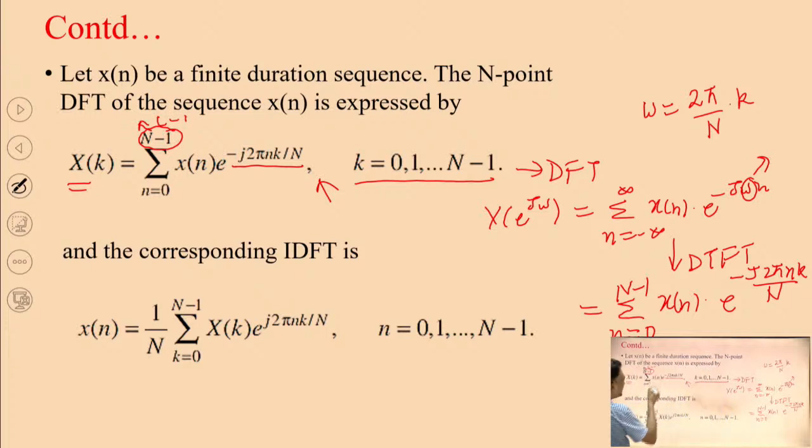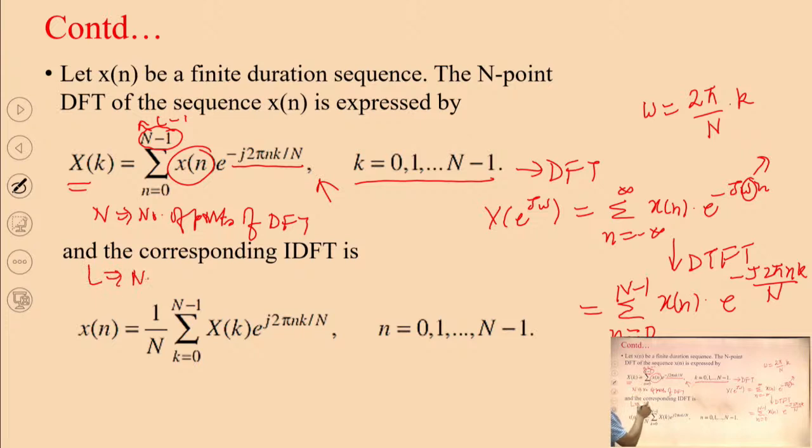Why is it so? Because N is the number of points of the DFT, and here we are basically reading the sequence, so this represents the length of the sequence. Let us say rather than N, I write L, the length of the sequence.